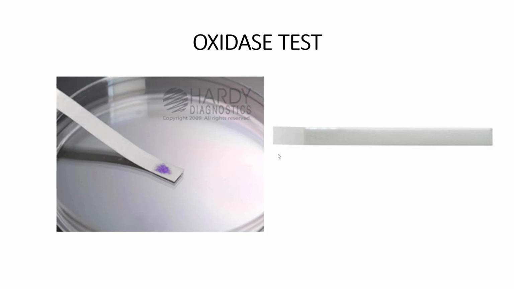So the test strips are pretty small, but typically what you would do is you would run a variety of species on one test, and so we're going to mimic that here. So a positive test is going to be purple, a negative test is yellowish.